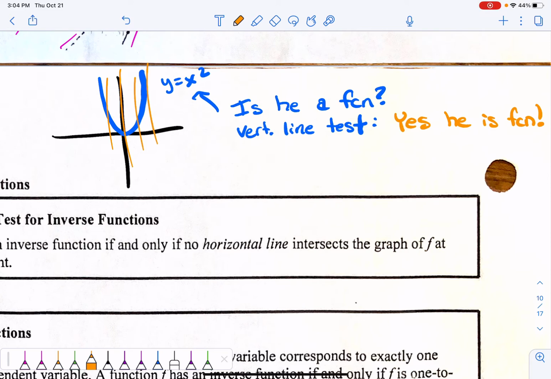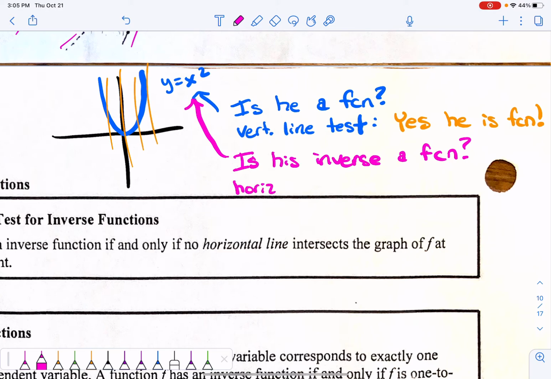Now here's my next question: is its inverse a function? What I can do is graph the inverse and then do the vertical line test on that, or I can keep my original function and do the horizontal line test.